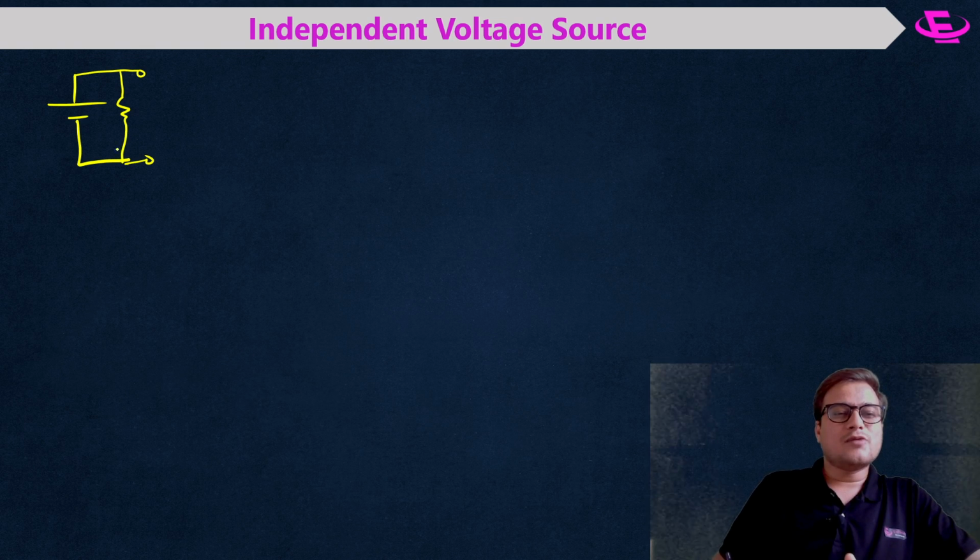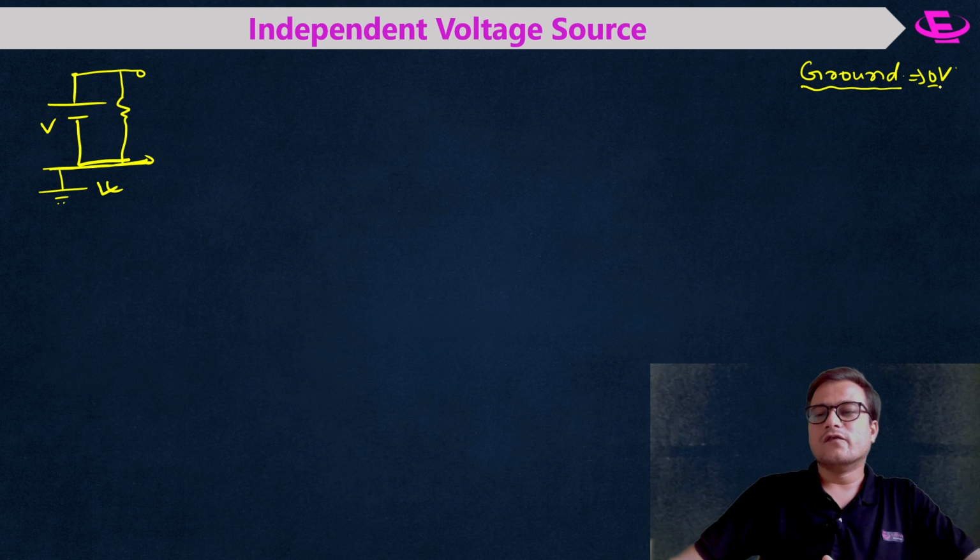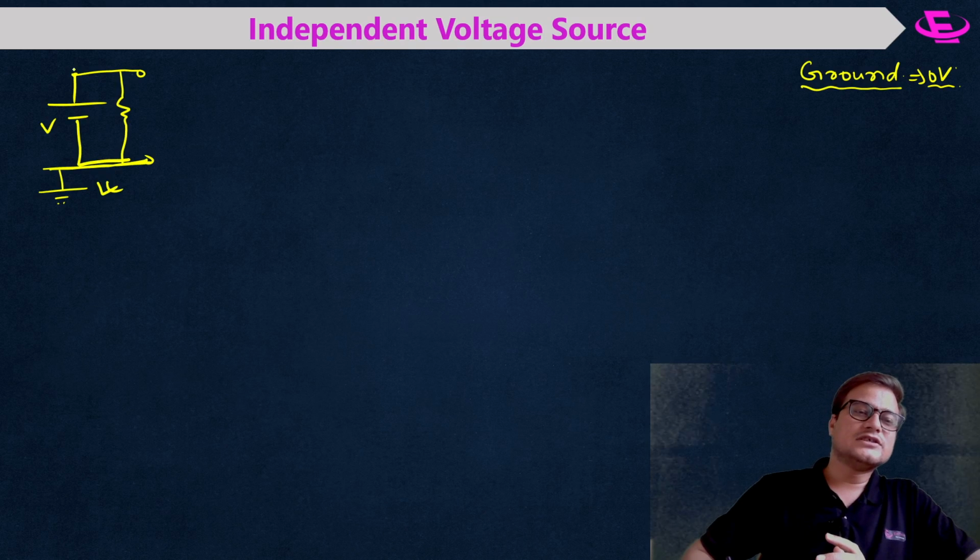Please tell me whether this is a practical voltage source or not. This is voltage V, this is ground or reference terminal. Ground means potential 0 volt. In electrical engineering, when somebody says ground, it means potential 0 volt, or it is taken as reference. So here the potential is 0 volt, here the potential will be V volt.